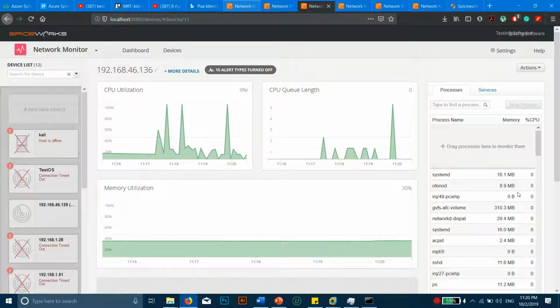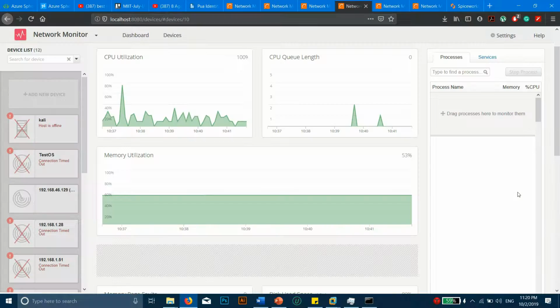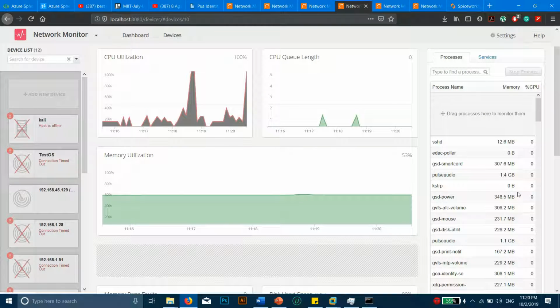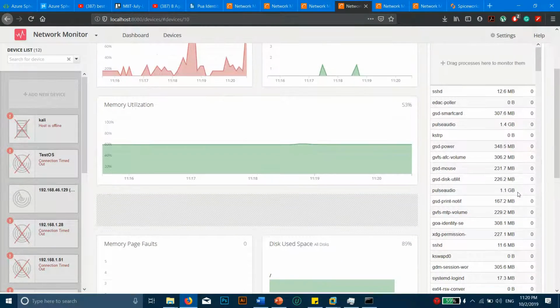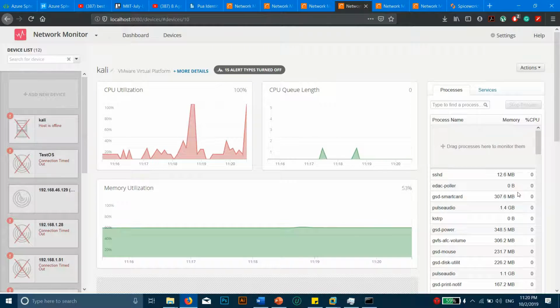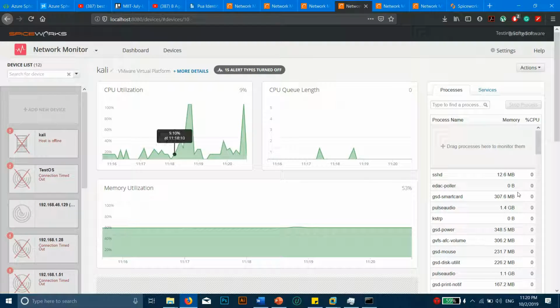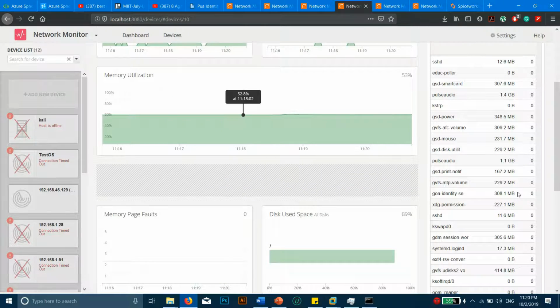Okay, this one, I think it's Kali. Yes, Kali Linux. The CPU utilization is very high. It's spiking right now. Here you can see the memory utilization, which is the RAM consumption that I've set.